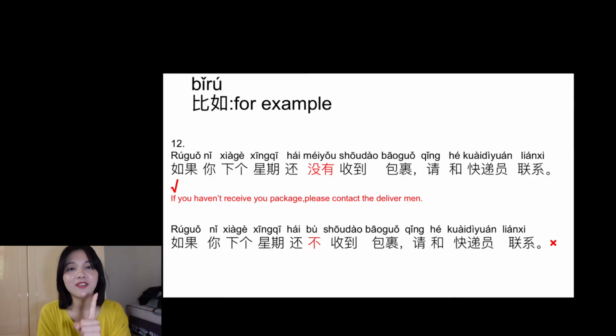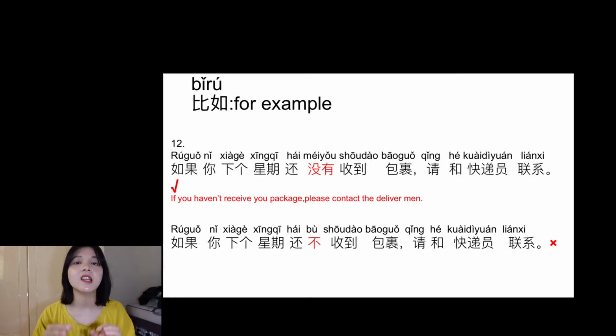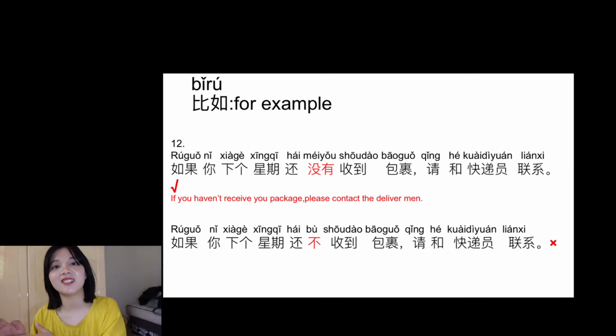For example, 如果你下个星期还没有收到包裹，请和快递员联系。In here, see, if you haven't received the package next week, 下个星期, so next week is things happen in the future, and we make it a hypothesis.